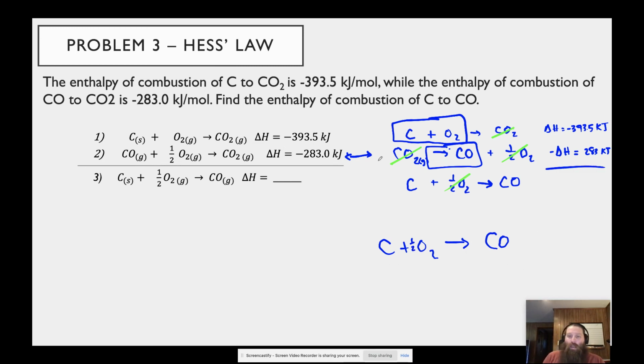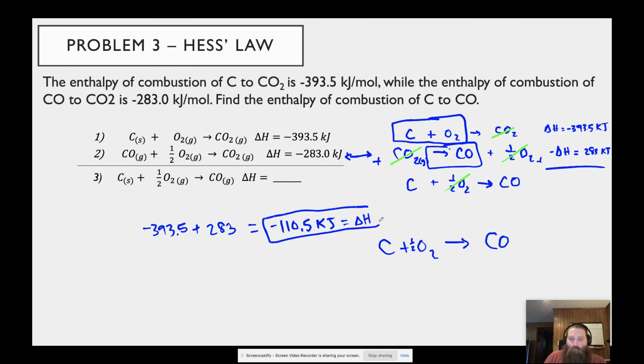And so since I added these two things together, I can just add these two delta H's. And so when I do that, I'm going to get negative 393.5 plus 283. And that's going to give me negative 110.5 kilojoules equals the delta H of that reaction.